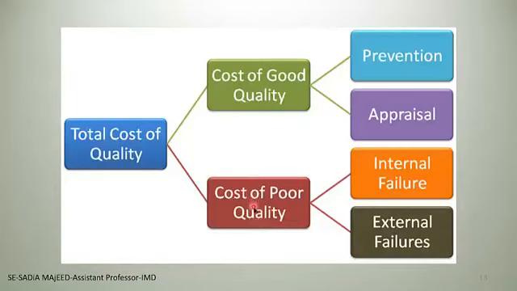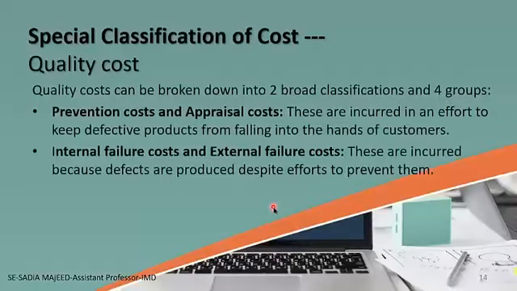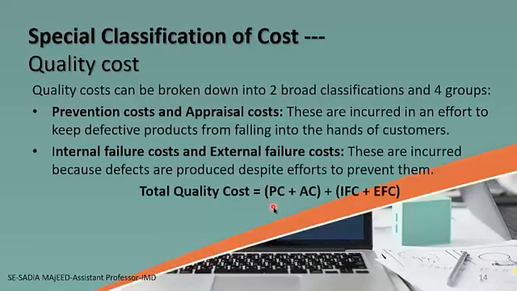If we produce a defective product, that means we are producing a poor quality product. Now what we have to do is remove the defects. So this would be the second classification of the quality cost. And total quality cost is the sum of all two classifications and four groups: prevention cost and appraisal cost, internal failure cost and external failure cost.